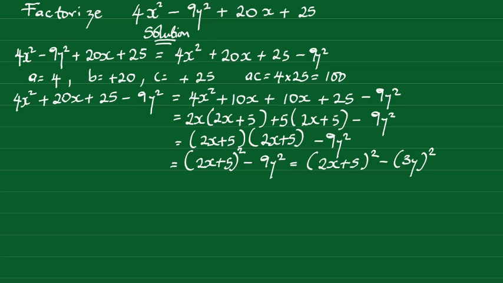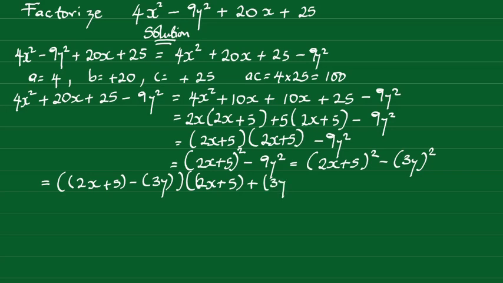Solving for that, we have this to be equal to bracket open 2x plus 5 bracket close minus bracket open 3y bracket close, bracket open 2x plus 5 bracket close plus bracket open 3y bracket close.